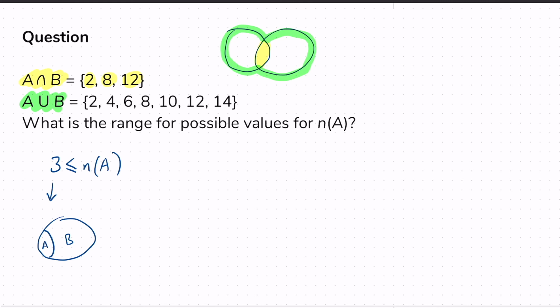Instead of A being a subset of B, B could be a subset of A. If that's true, then A is all of these elements here. And what's the largest number we can have? Well, A union B is 2, 4, 6, 8, 10, 12, 14, which is 7 elements. So what is the range of possible values for n of A? Well, it's greater than or equal to 3 and less than or equal to 7.